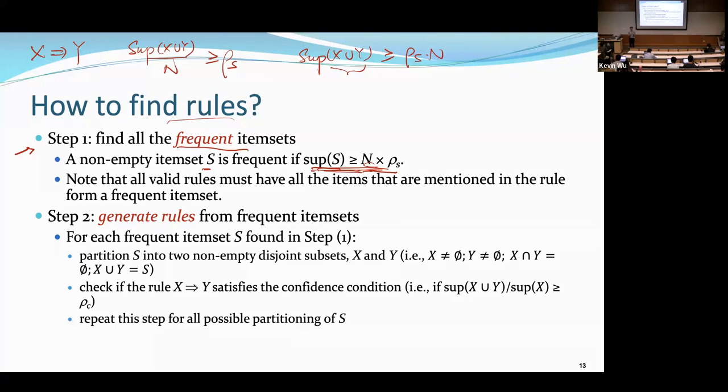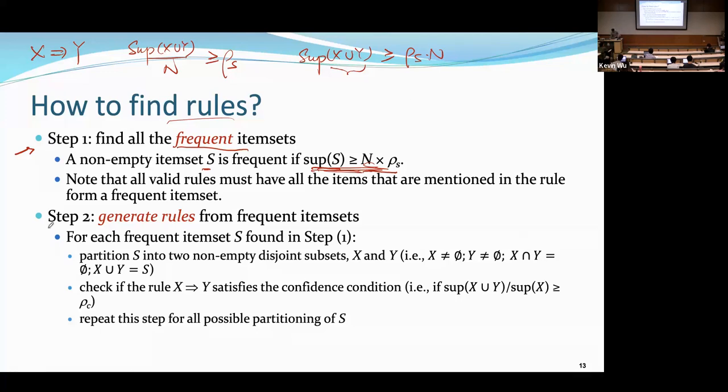The reason we want to figure out all the frequent item sets first is that any rule we report has to satisfy the support requirement, and so the items mentioned in the rule must form a frequent item set. So it makes sense to figure out all the frequent item sets first. That's the first step of the algorithm.